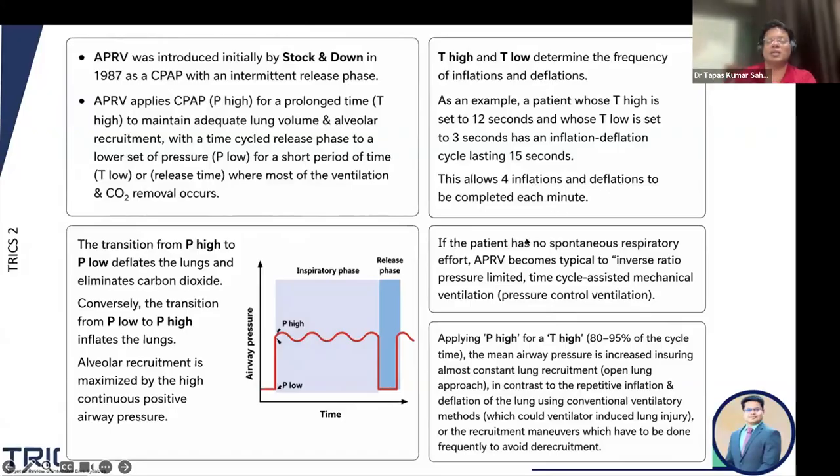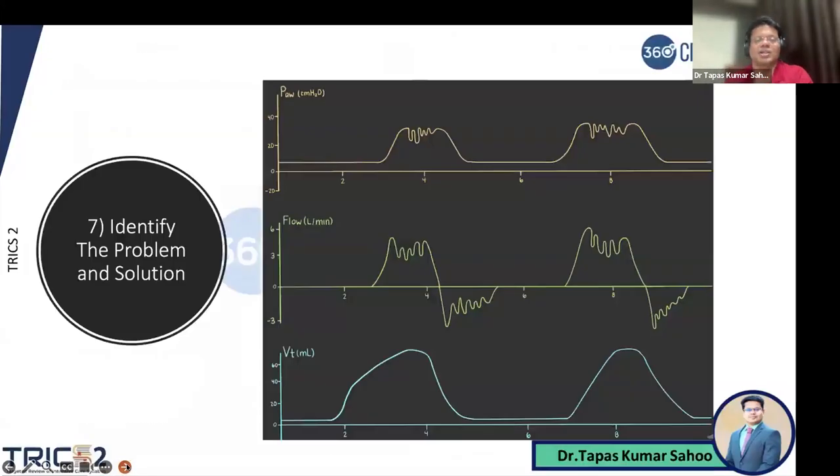Now, if the patient has no spontaneous respiratory effort, APRV becomes a typical inverse ratio, pressure limited, time cycled, assisted mechanical ventilation, just like pressure control ventilation. So you don't need to mug this up. Rather, it is one of the very innovative and physiologically sound ventilatory modes that you need to understand.